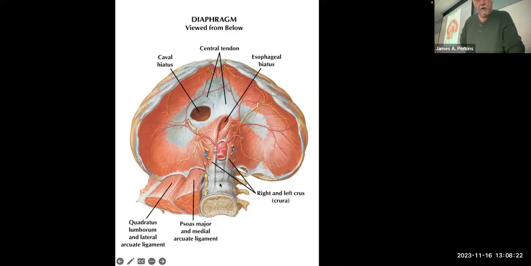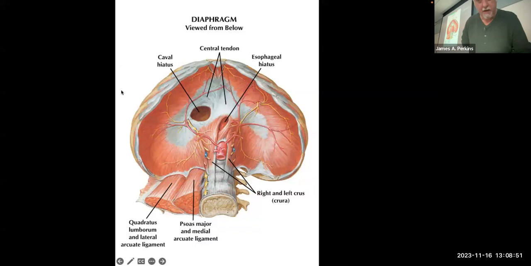A couple of structures that I do want you to be familiar with. You'll be looking for them in lab, and they are listed on your required structures list. There are two structures called crura. The singular is crus, which literally means leg in Latin. Plural would be crura.